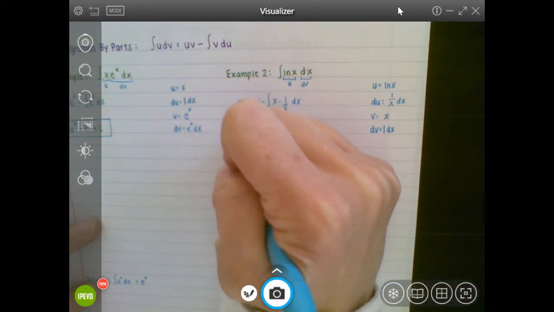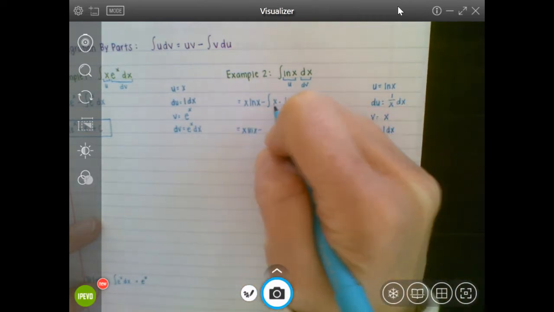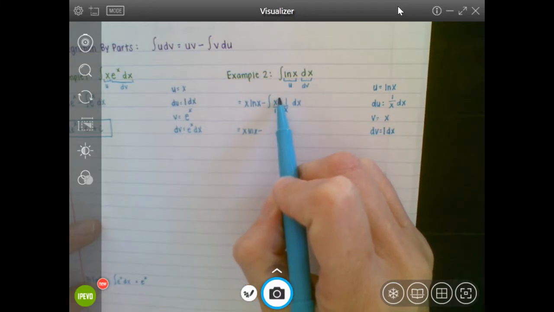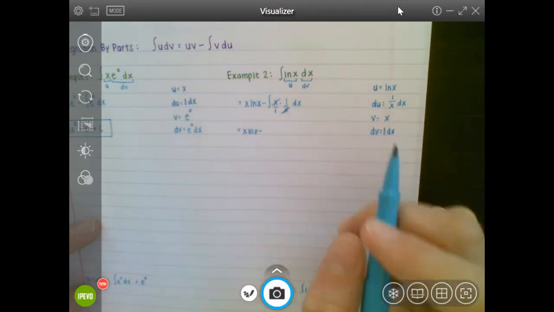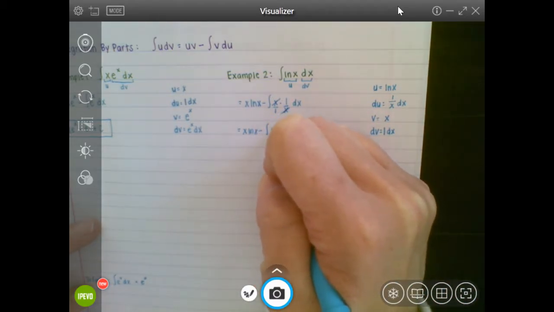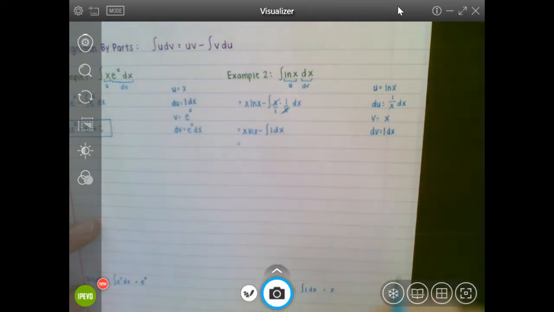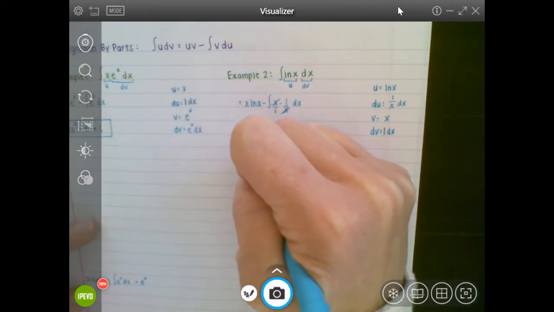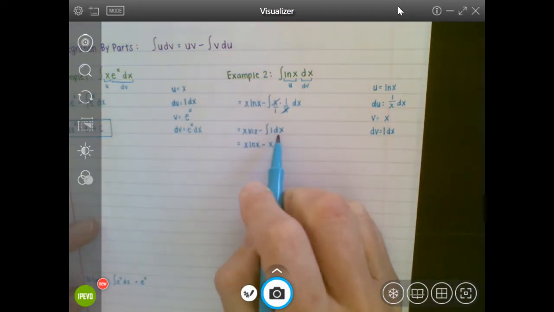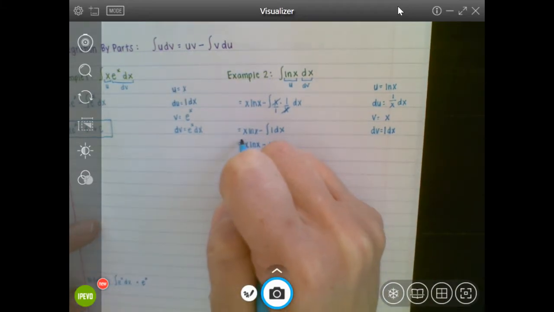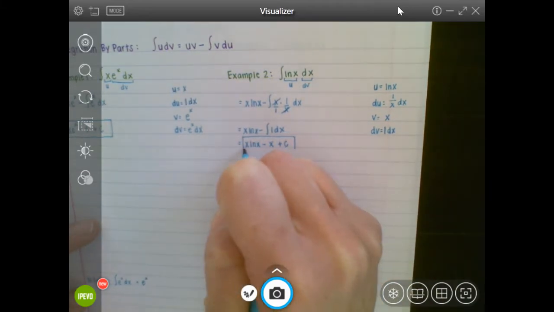So I'll just pull down that x ln of x out in front, minus, technically this first x is x over 1. So we'll notice that this cleans up pretty nicely because the x's end up canceling out. So we're left taking the integral of 1 dx. And that's actually the work that we did down here at the bottom. We already know that the integral of 1 dx is just x. So this is going to be x ln of x minus x. And since we're dealing with an indefinite integral, we're going to put the plus c here too. So this would be our answer.